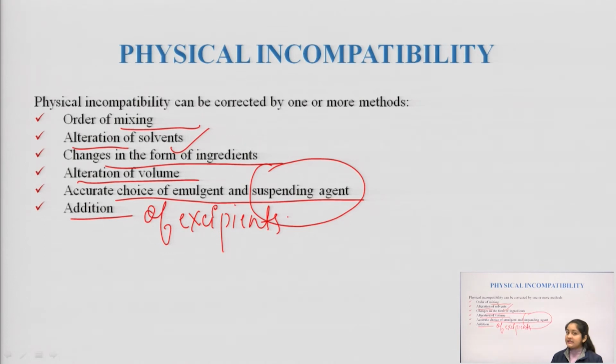While selecting excipients, it is our responsibility, it is our duty to check that no physical incompatibility arises from the selection. Because once the product is finished, if such physical incompatibilities are not seen initially, the final product is going to have hundreds of errors, and when the product becomes finalized, it is almost impossible to correct these errors.